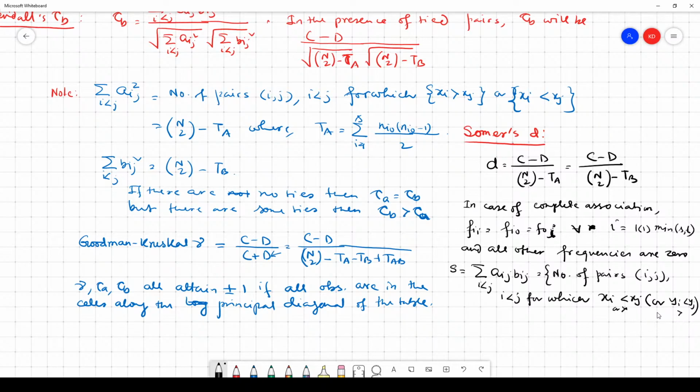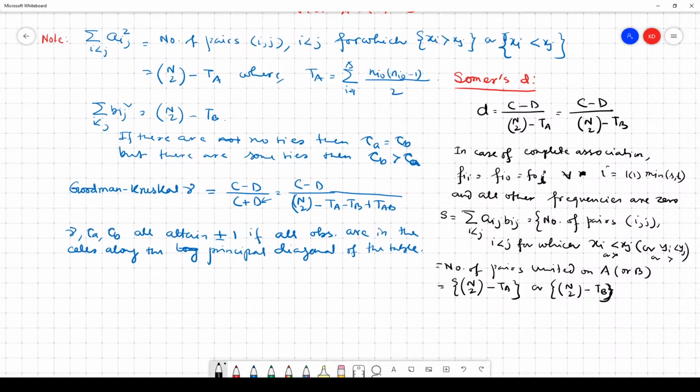This equals the number of pairs in the union of A or B, which is equal to NC2 minus TA or NC2 minus TB.